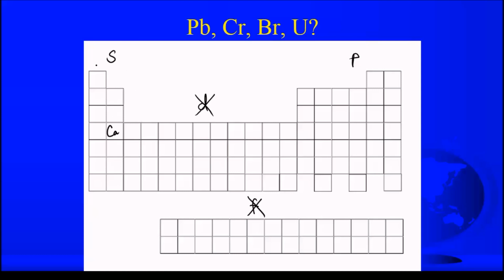S2 is 2 total electrons, S2P1 is 3, S2P2 is 4 total electrons, right? S2P3 would be 5. S2P4 is 6. S2P5 is 7. S2P6 is 8.